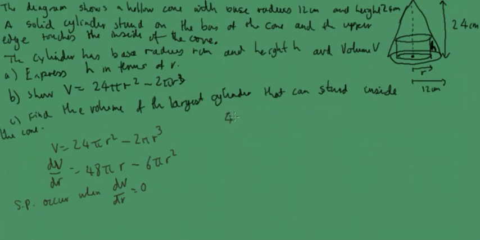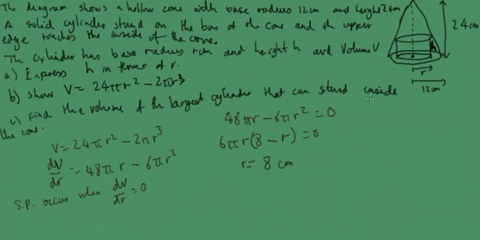So 48 pi r minus 6 pi r squared equals 0. So let's factorize this. So we're going to take out 6 pi r and be left with 8 minus r equals 0. So r must equal, well, the radius can't be 0. If the radius is 0, then there's no cylinder. So r must be equal to 8 centimetres.